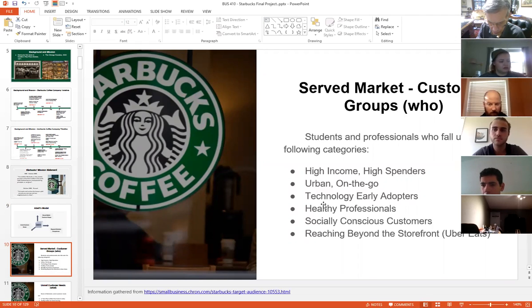So the served market, the people Starbucks is targeting, are students and professionals who fall under the following categories. Pretty much high income, high spenders. It's not a secret to any of us that Starbucks is a little bit pricier than its competitors, such as McDonald's and small coffee shops. So someone who wants to buy from Starbucks needs to have high income or purchasing capacity.